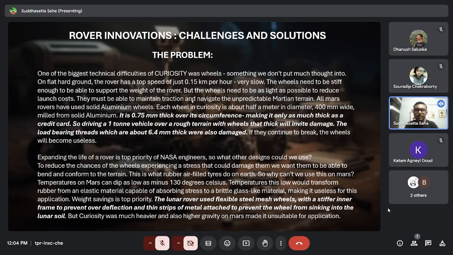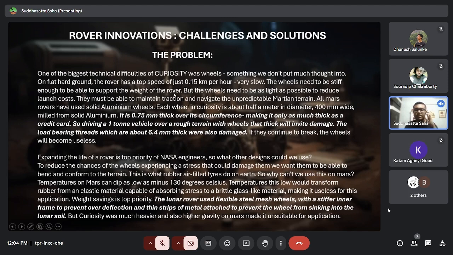They did extensive material research, and they wanted something which could deform and then conform to the terrains of the surface they are exploring, because these wheels under that 1 ton vehicle load were subject to continuous stress, and they could not retain their original shape. They were deforming, and there was a lot of damage. The load bearing threads which were there failed miserably.